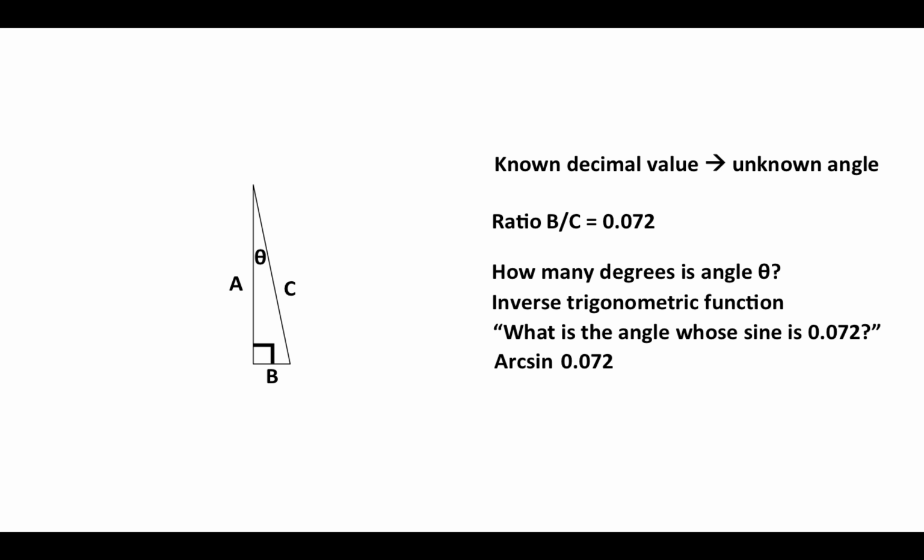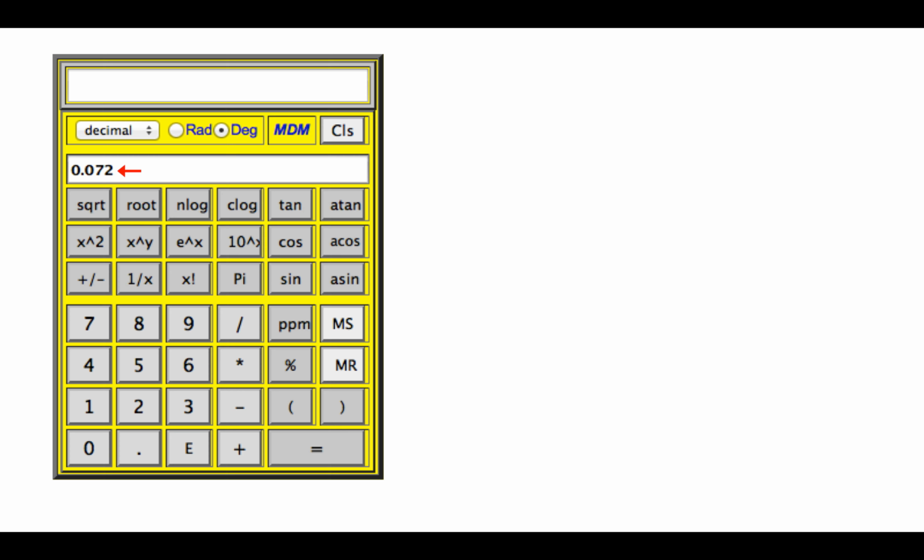So I'm looking for the arcsine of 0.072. The arcsine of 0.072 is also equal to the sine to the -1 of 0.072, and that is an equivalent way of referring to the inverse trigonometric function for the sine.